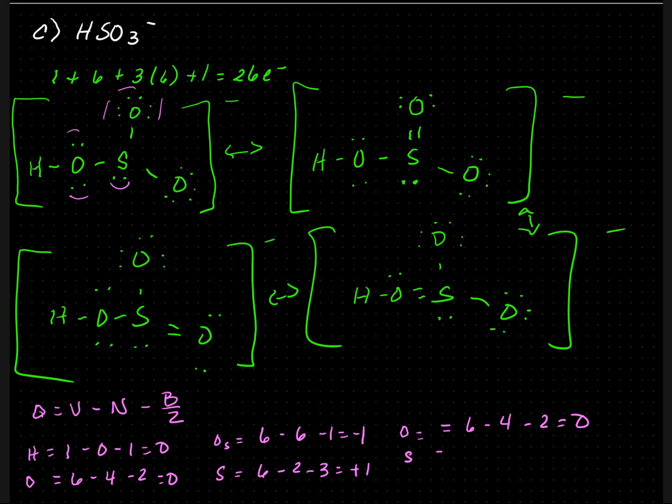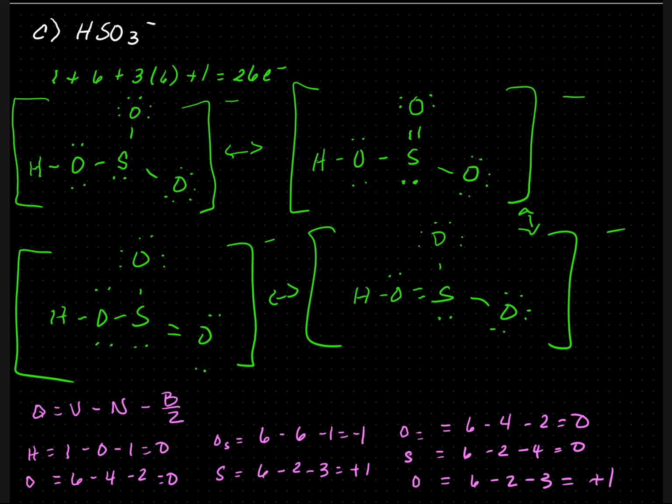The sulfur central atom here has 6 valence minus 2 lone electrons minus 4 bonds, so this is also 0, and everything else is the same. Third picture is also the same. In the last picture, we only have to calculate the oxygen. So the oxygen, 6 valence minus 2 lone electrons minus 3, and this is equal to plus 1.